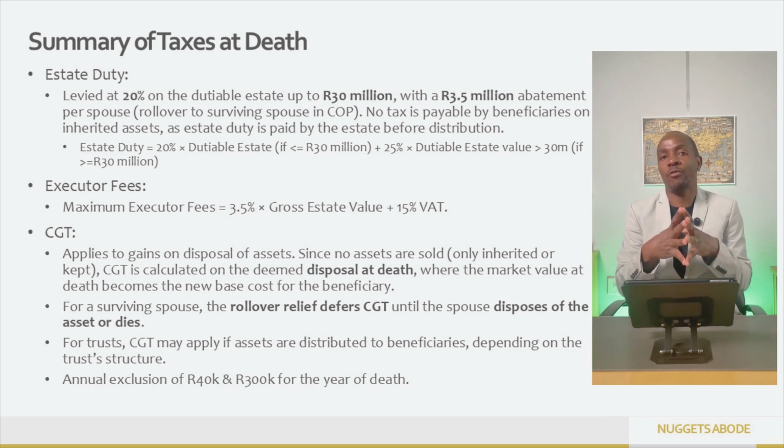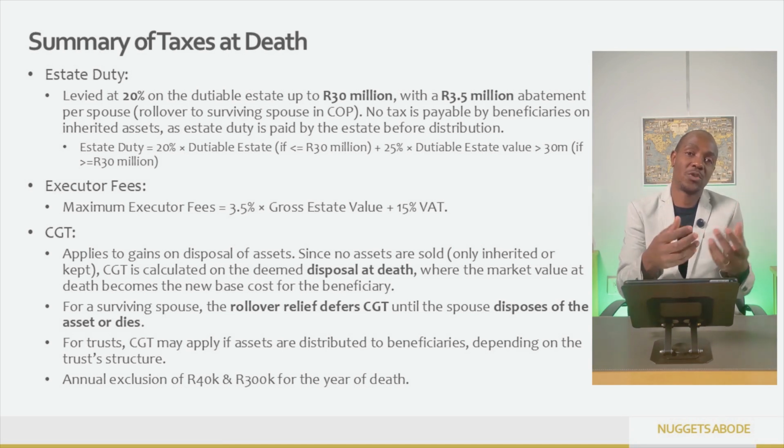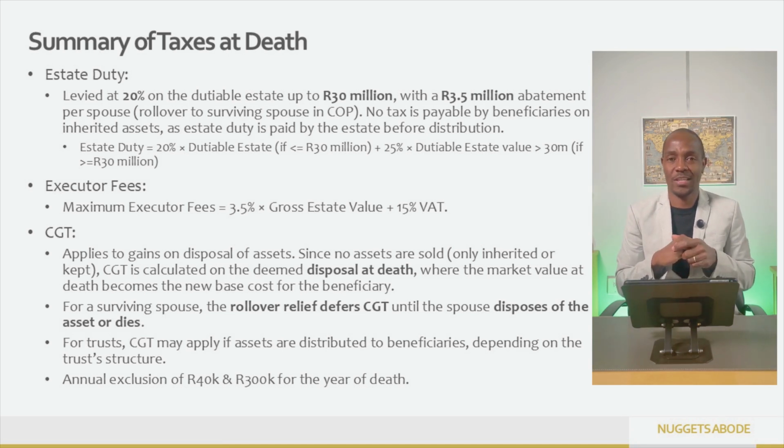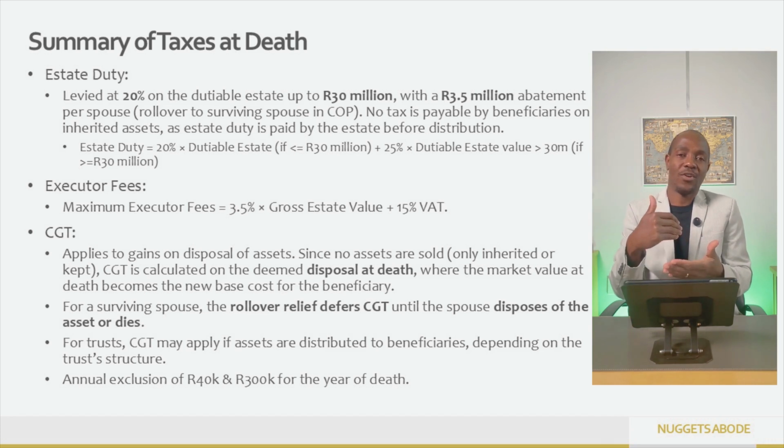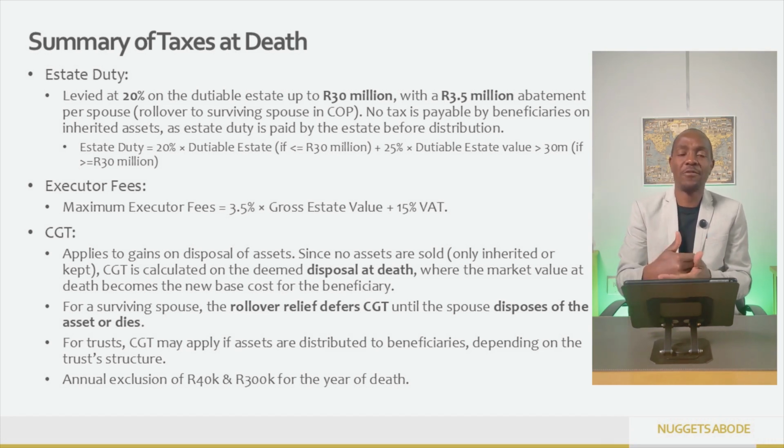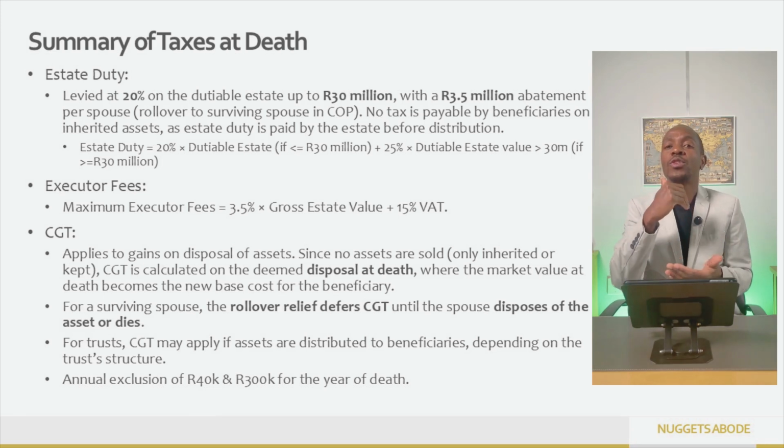Imagine if you don't have the cash or the funds to pay for this tax. What it also means is your assets could end up being disposed of in order to service this cost. So if you're owning your assets in your individual name, you need to plan for this. Get insurance, and or ensure that you have a cash payout that is going to be available to service this cost.